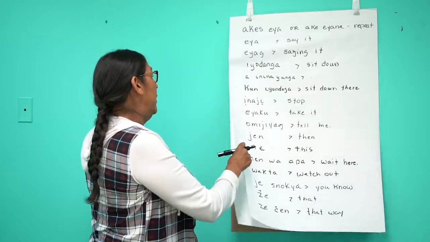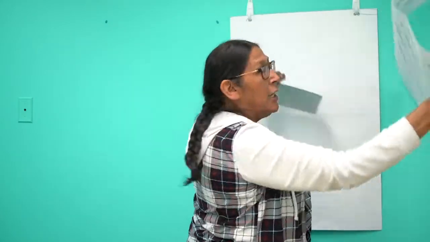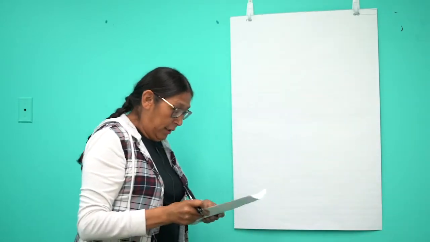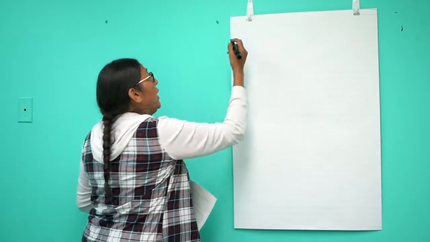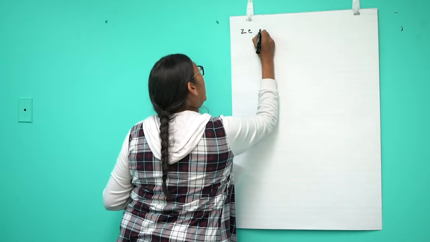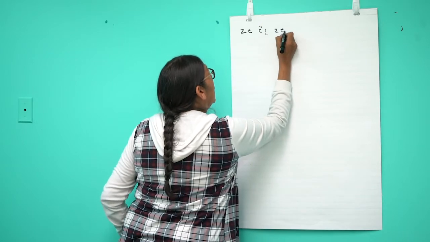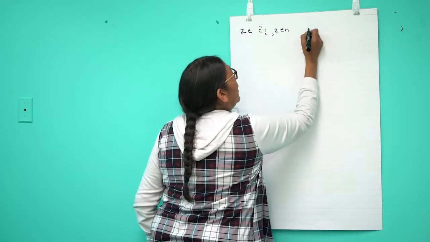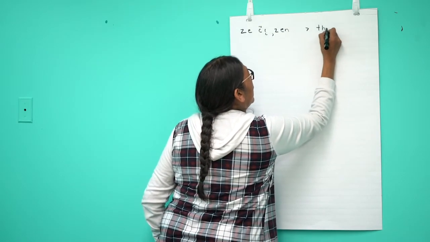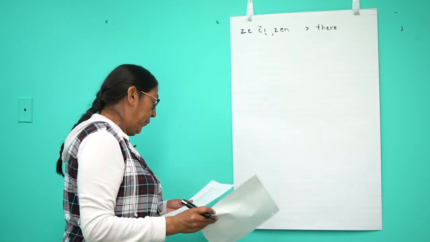Jechi jen. And that means there. Jechi jen is there. It's spelled just like that. Jechi or jen, and that is there. Jen, jechi, there.